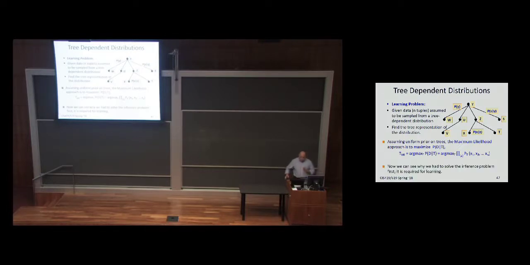In particular, now you understand why we talked about inference before we talked about learning. Because I should be able to compute, given a tree, the probability of this data point, which is the inference problem. Just to spell this out, it's the argmax of the product over all data points of P of xi given the parent of xi for this tree.